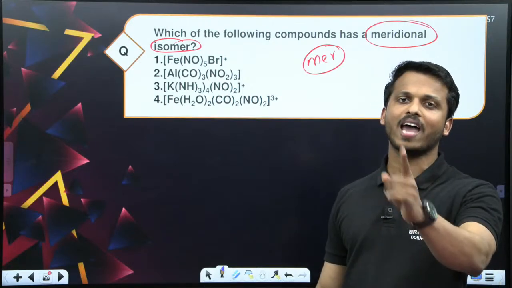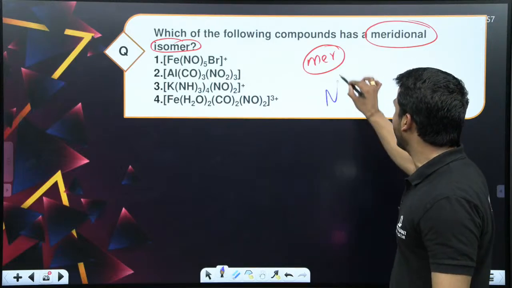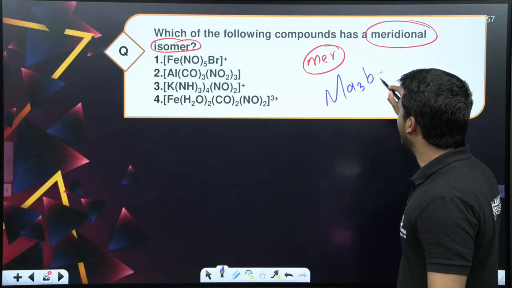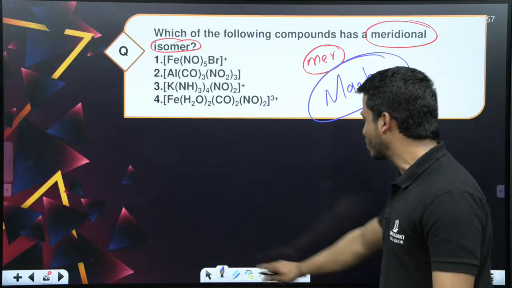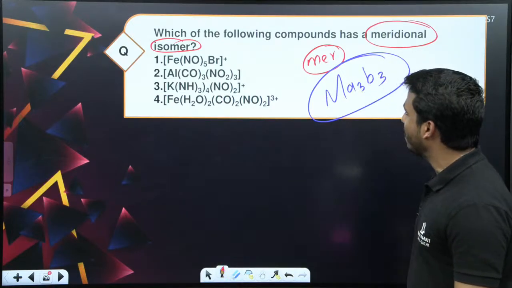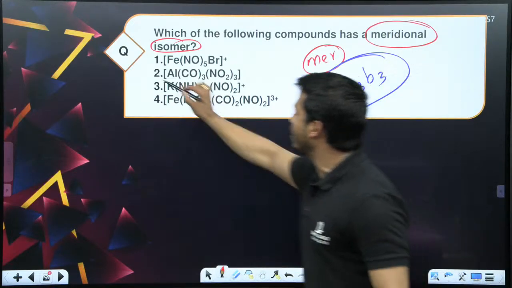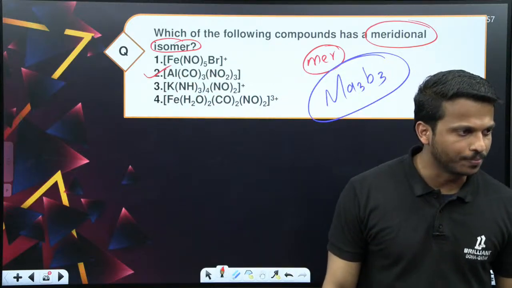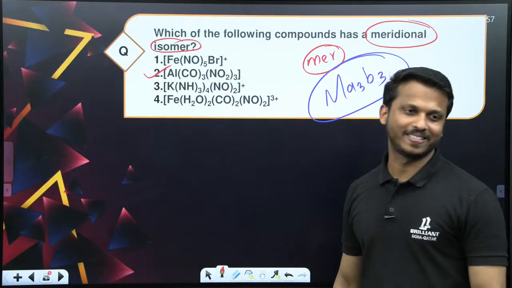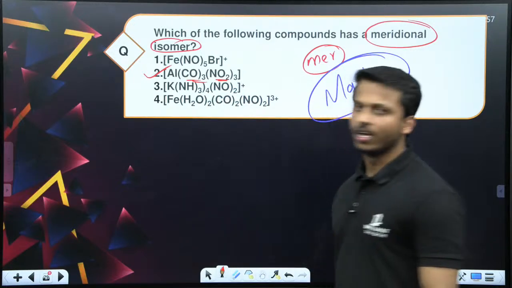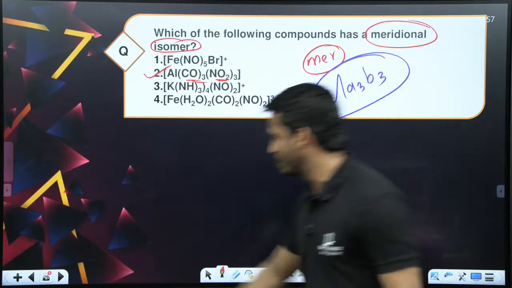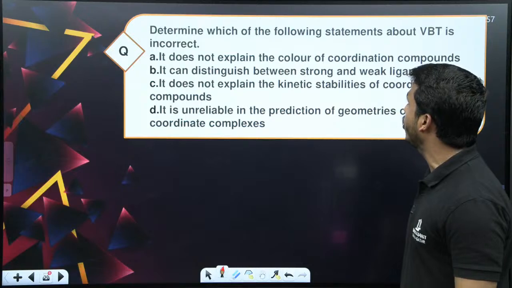You studied fac and mer isomerism; it is given by the MA3B3 type. Which one is MA3B3 type? I think you will go with option 2. Yes, option 2, because there are three ligands, they will show fac and mer isomerism. Dear all, next question waiting for you.